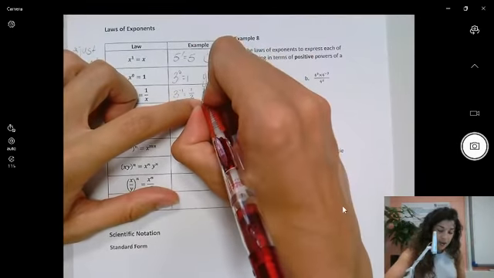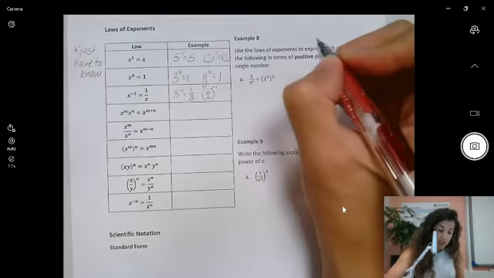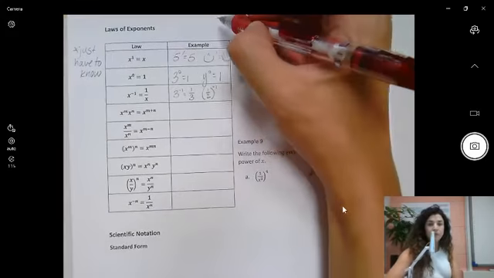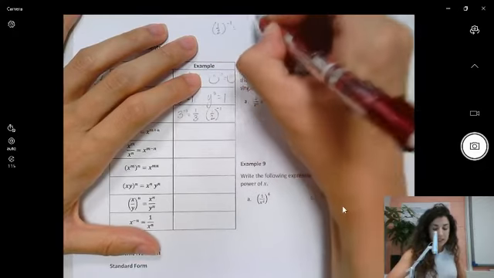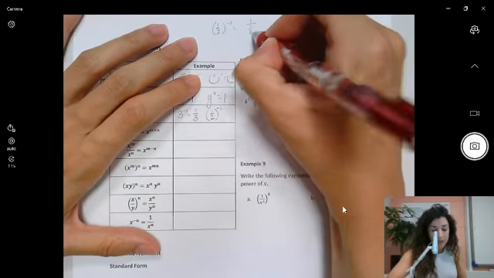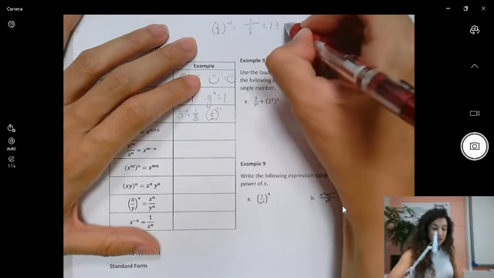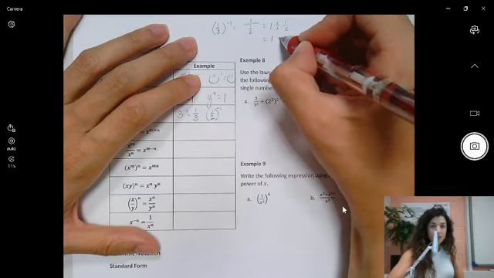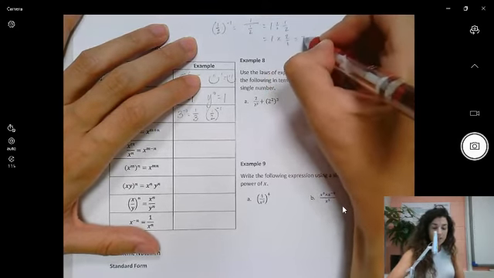A tricky thing that can happen is if you have a fraction, like a half raised to the -1 power. What that does is it becomes 1 over 1/2, and 1 divided by 1/2 is a division of fractions. So if you remember that, it's keep 1, change it to a multiplication, and then flip your second fraction.